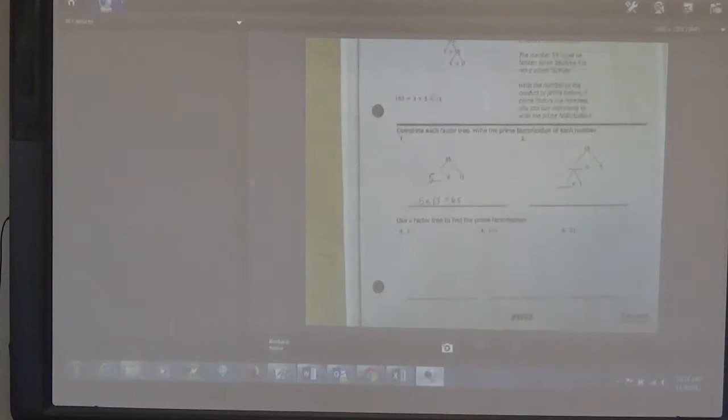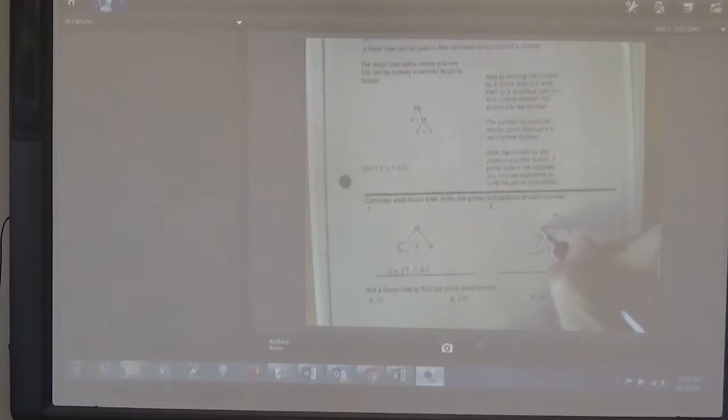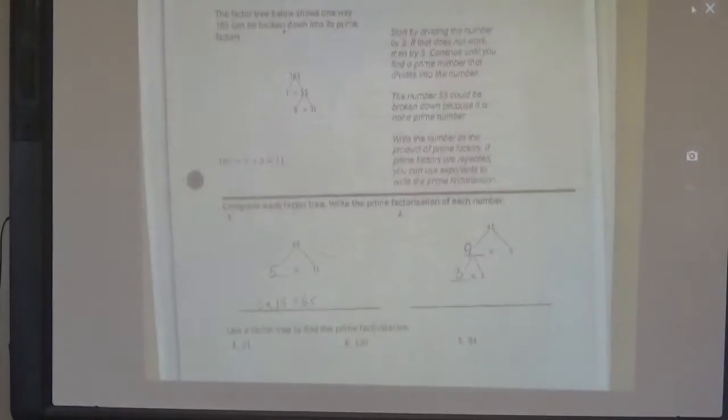Matt, number 2? 5 times 9 equals 45, and 3 times 3 equals 9. Right. So 9 goes into 45. 5 is the other number given. And then 9 is not a prime number, so we have to write 9 as 3 times 3.